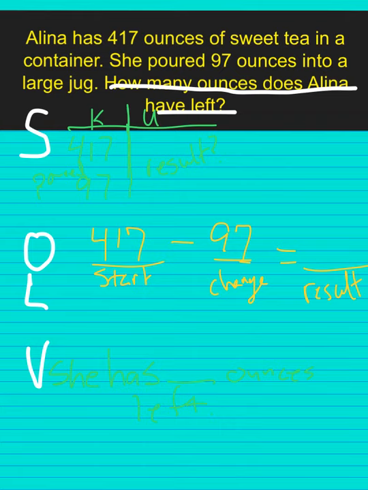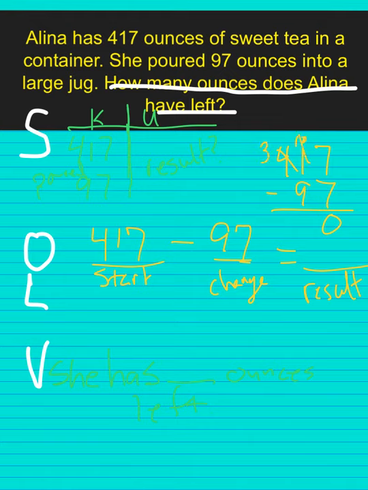So now let's go ahead and launch, right? We've got 417, and we're subtracting 97. After I put this problem out there, I realized that I made it really easy for you because 7 minus 7 is 0. And then we just need to regroup from our hundreds.